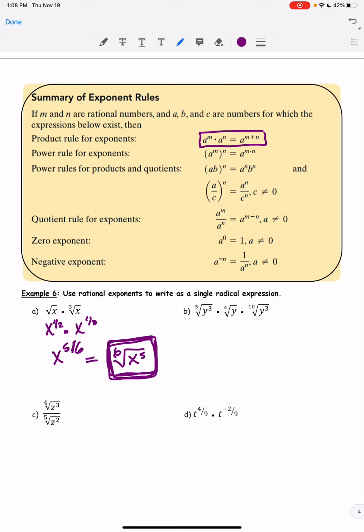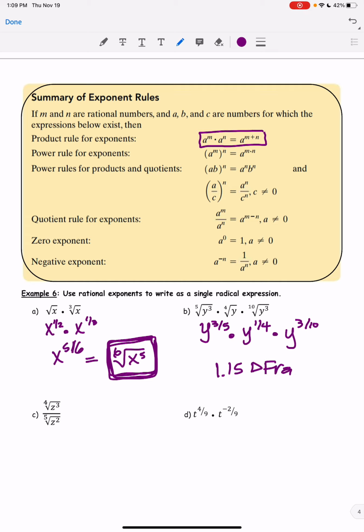So same thing here on B. The 5th root of y cubed becomes y to the 3/5 times y to the 1/4, right? There's a 1 here, times y to the 3/10. So add those all together. Okay, and you're going to get 1.15. That doesn't help me.